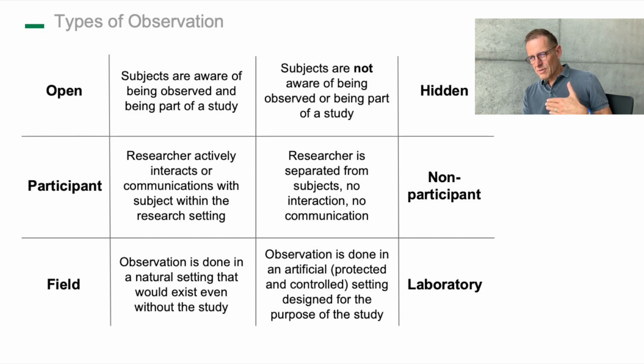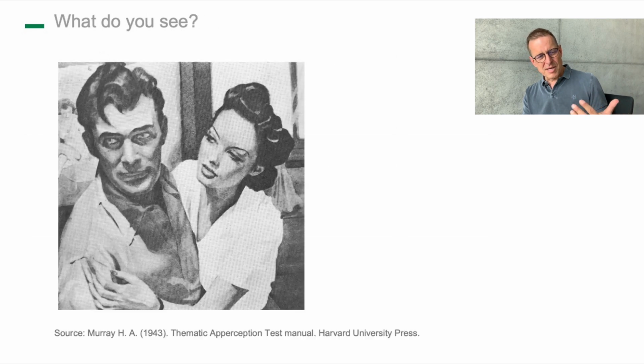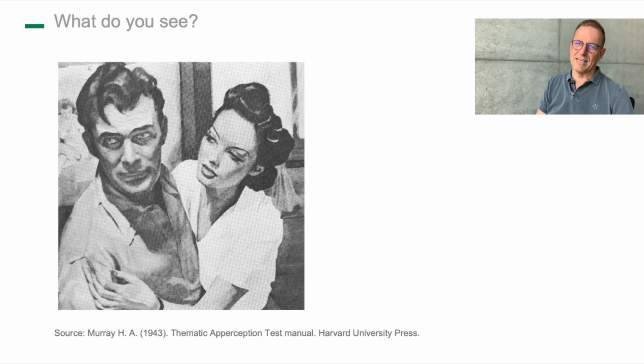To make this a little bit clearer, there was a test that was invented very early in the 20th century. It was in the 40s by Murray. This test was called the Thematic Apperception Test. We only say TAT in psychology. And what is that? It's a projective test. What does that mean, projective?